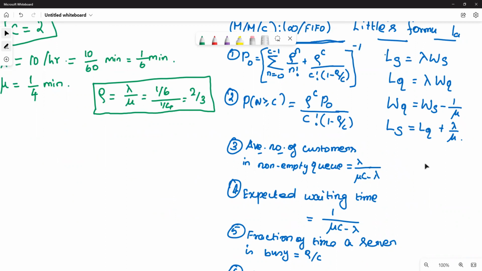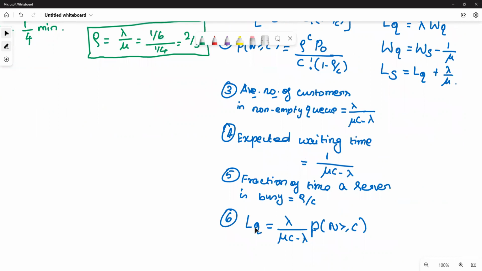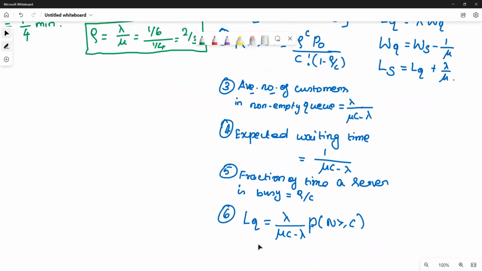Once we know any one of these four, we can calculate the remaining three using Little's formula. So in this model, what we should memorize is LQ. LQ is given as lambda by (mu C minus lambda) into P of n greater than or equal to C. What is P of n greater than or equal to C?